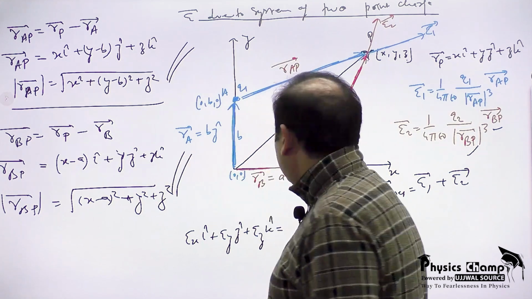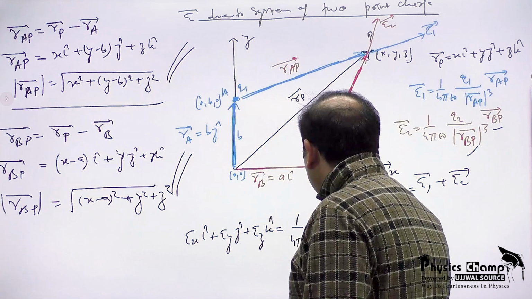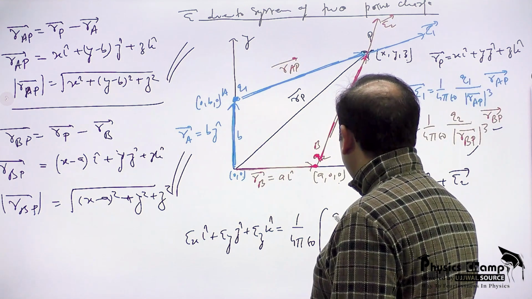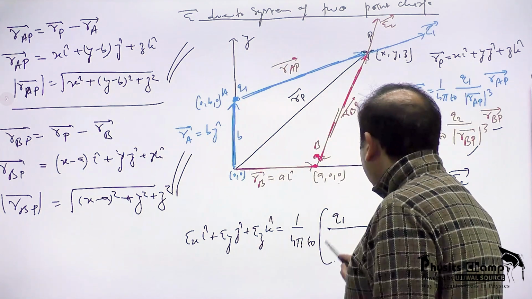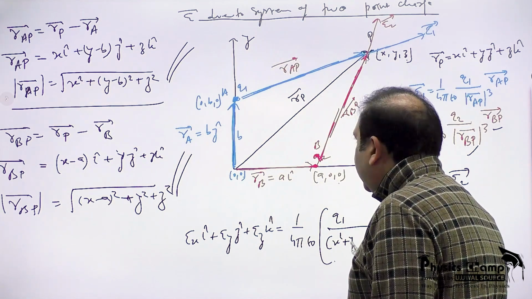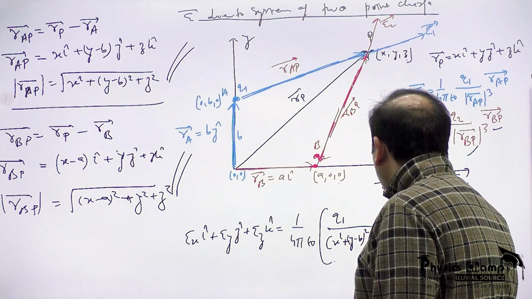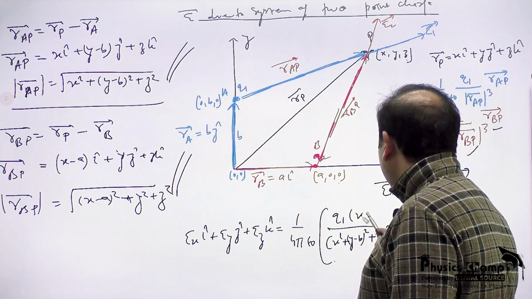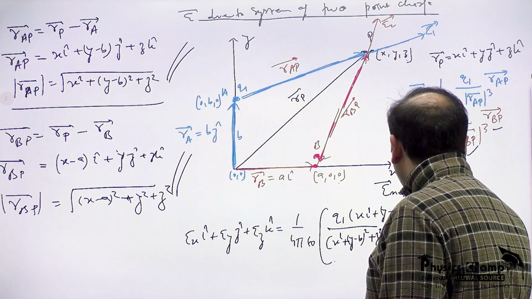So as a whole we will get 1 by 4 pi epsilon naught into Q1 by (x square plus (y minus b) square plus z square) to the power 3 by 2, into xi plus (y minus b)j plus zk.